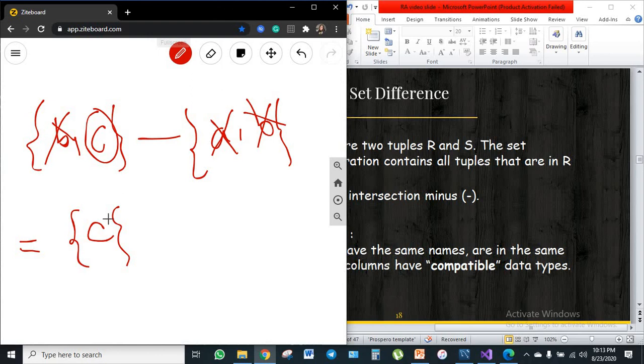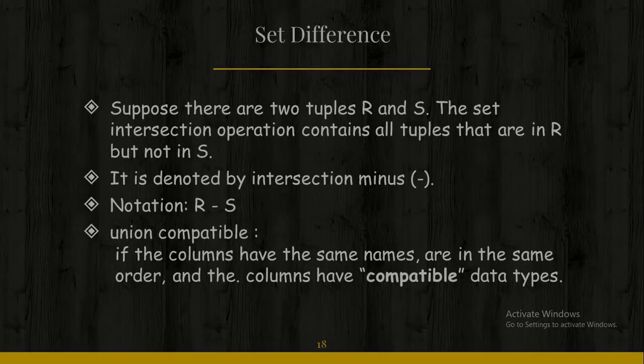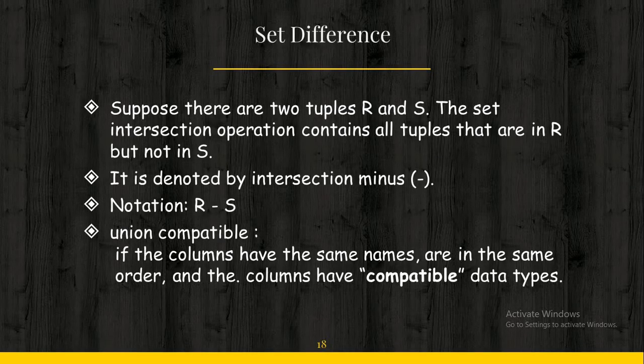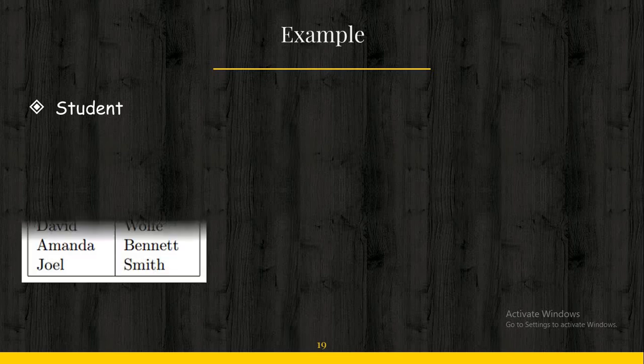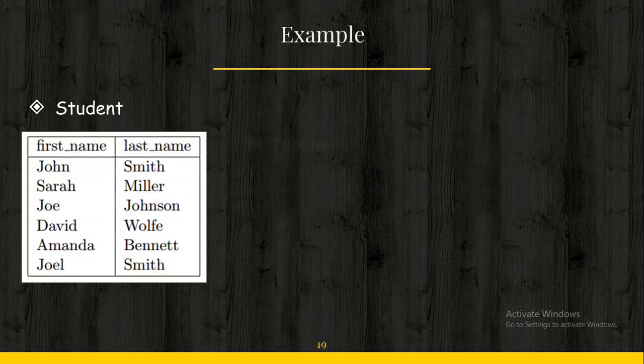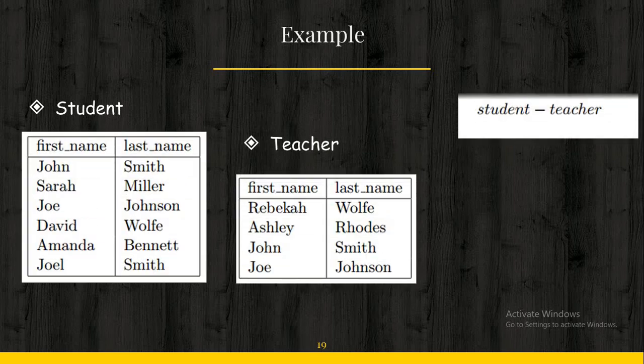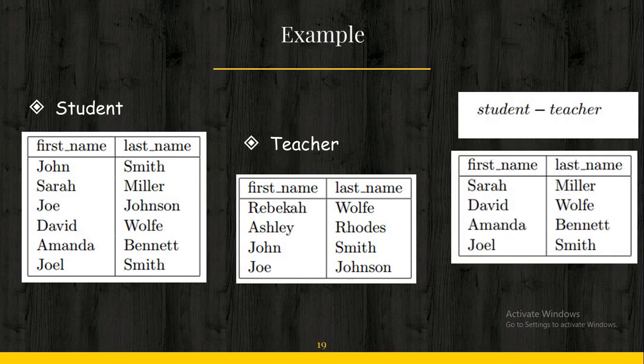So this is the output. The same thing is also true for the set difference in the relational algebra on relations. So here is the student table, here is the teacher table, and here is the output of the set difference of the two tables.